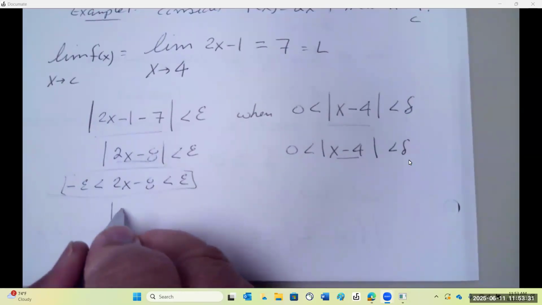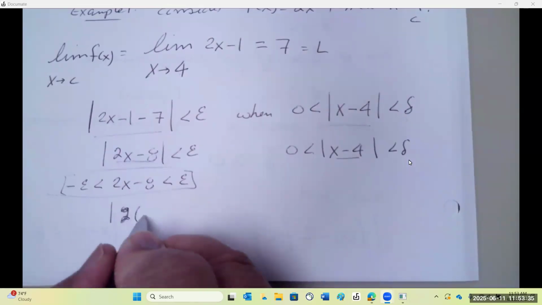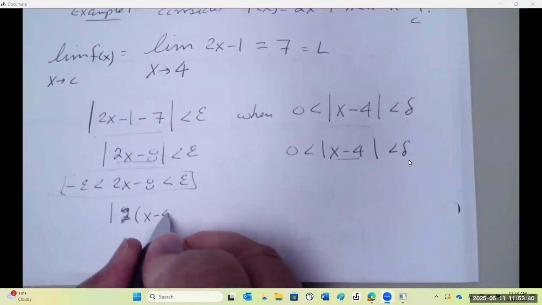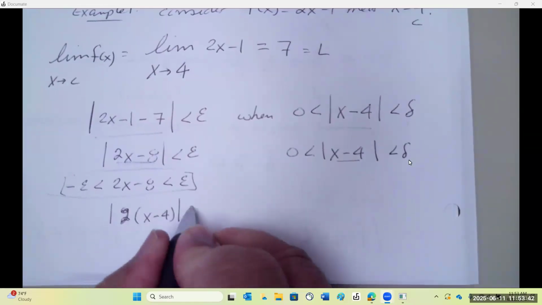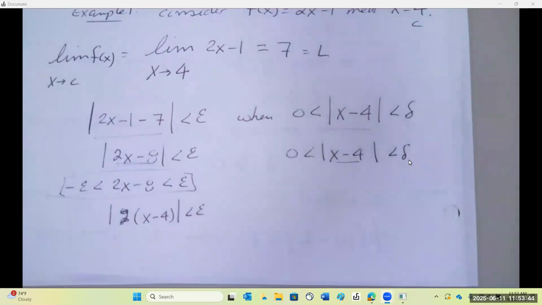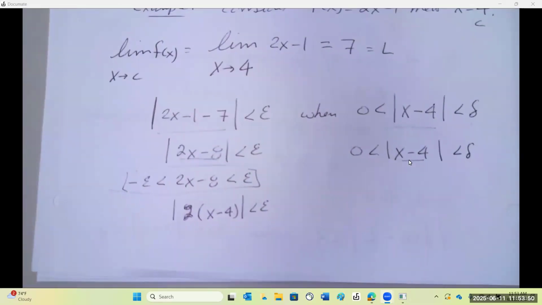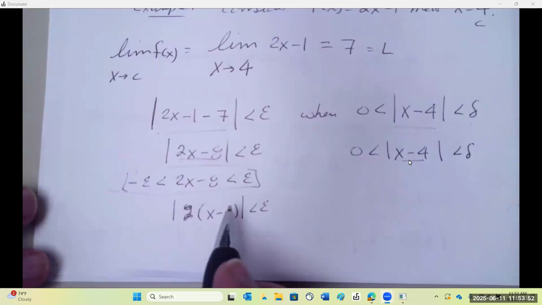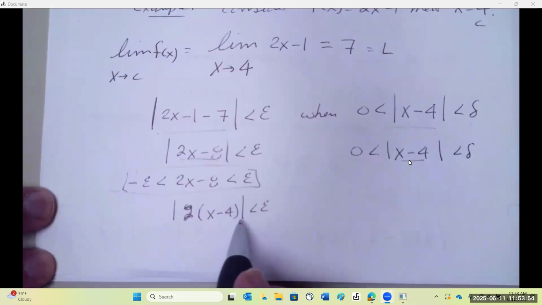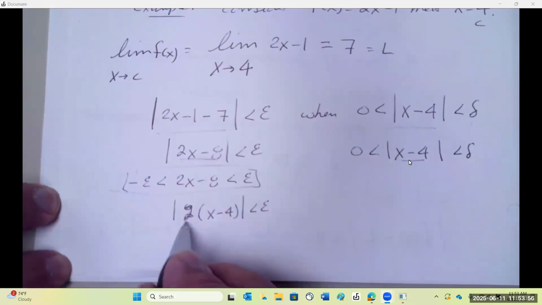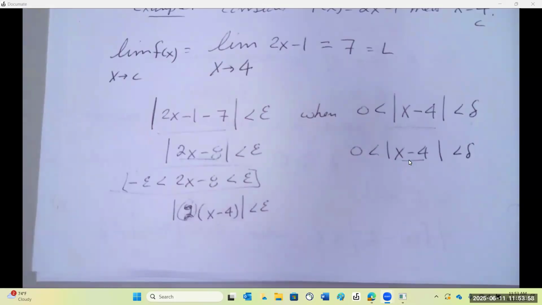Let's look at that. If we factor out a 2 inside there, what do we get? So since 2 is a constant, it's positive. Can we take it out of the absolute value?